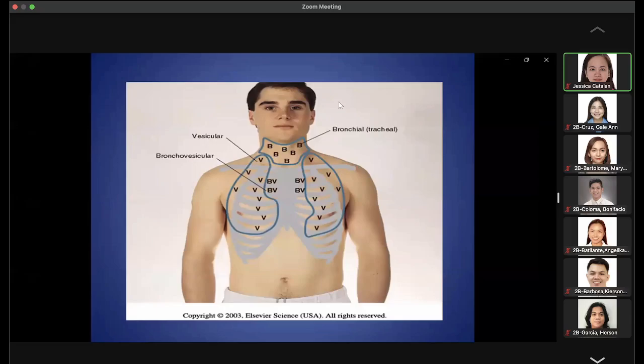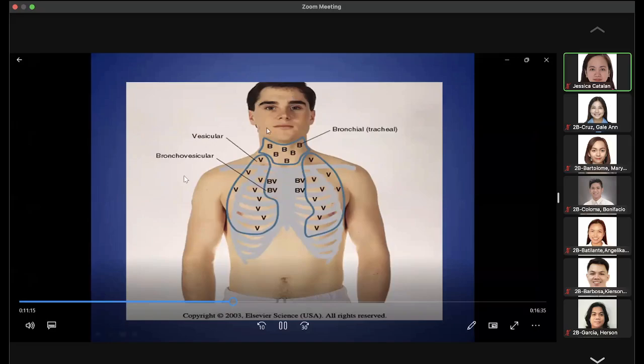Okay, so here, looking at this image, you can appreciate bronchial or tracheal breath sounds, bronchovesicular breath sounds, and vesicular breath sounds in these areas.